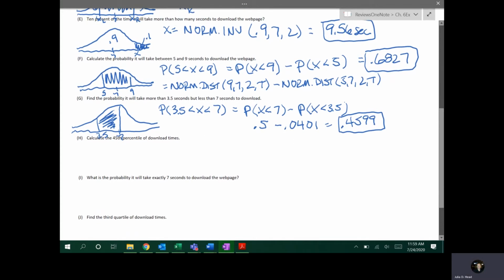Back to Unit 1 vocabulary. It says calculate the 45th percentile. So the 45th percentile, if you remember, is the place or the mark that 45% is below.